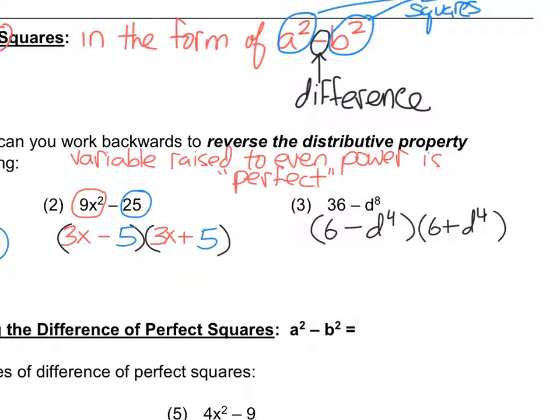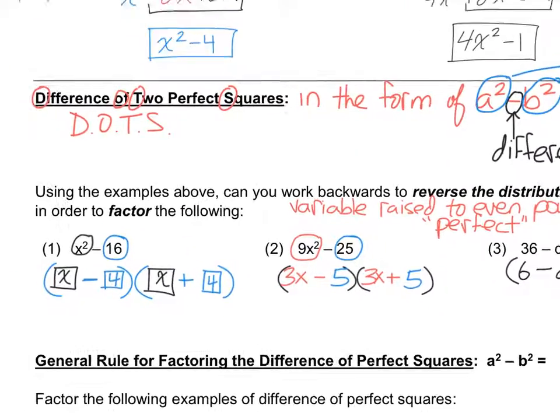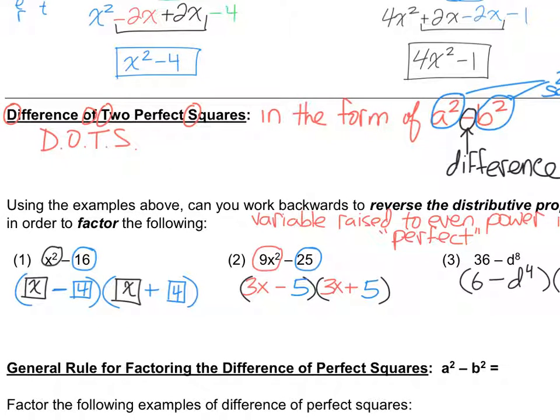So when you look at the expanded form, the 6 plus d to the 4th is not the right form. It needs to be a difference of 2 squares. So that's out. We don't have to worry about that. But this one, you can look at it. Even though 6 is not a perfect square, it doesn't actually have to be a perfect square, because the term difference of 2 perfect squares is kind of a misnomer.